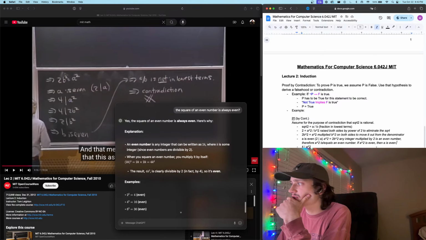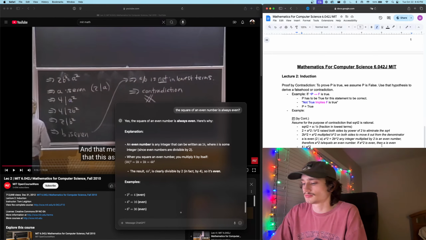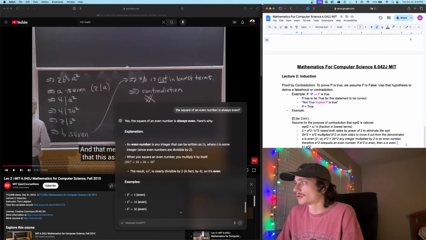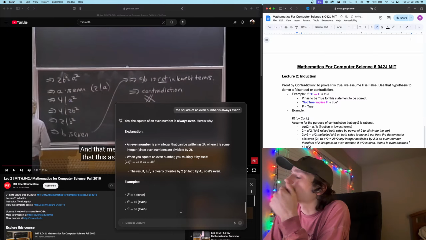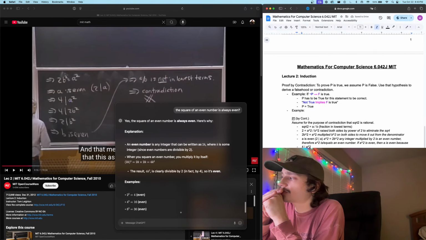So if a squared is even, then a is even, because... no, that wouldn't technically prove it, because the square of a could be 3.